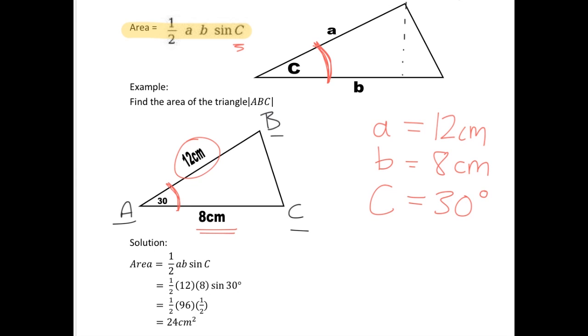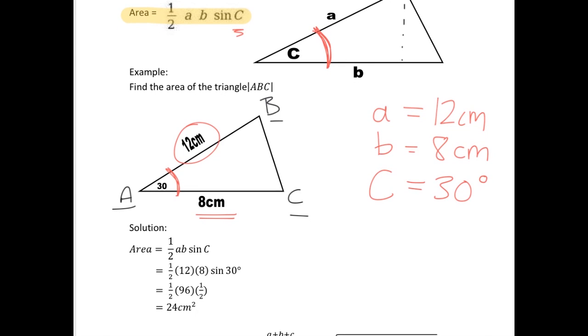So all we simply do is fill in these values into the formula. So we have down here a half times 12 times 8 times sine 30 degrees. Sine 30 degrees is a half, and 12 times 8 is 96.